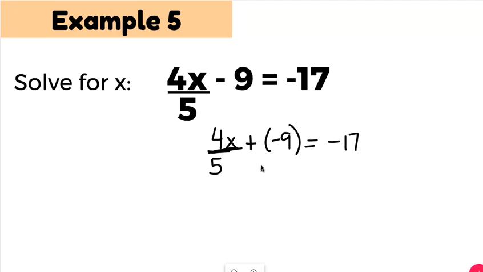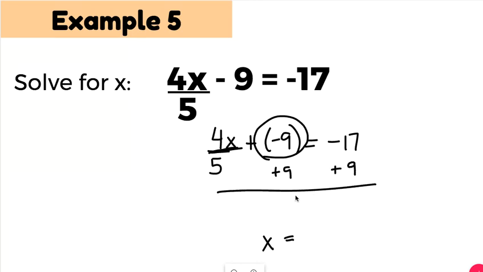Okay, remember, our goal is to get x equals a number. I have my number that's added and my coefficient that's being multiplied. Undo the addition first. Add 9 to both sides. I get 4/5 x.